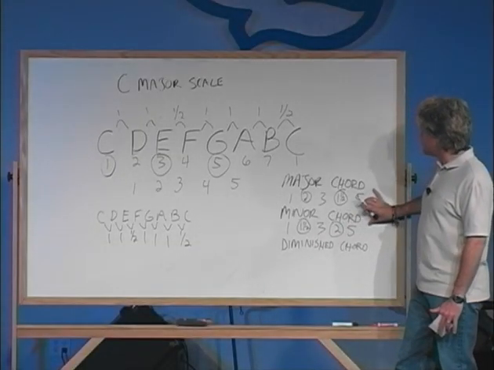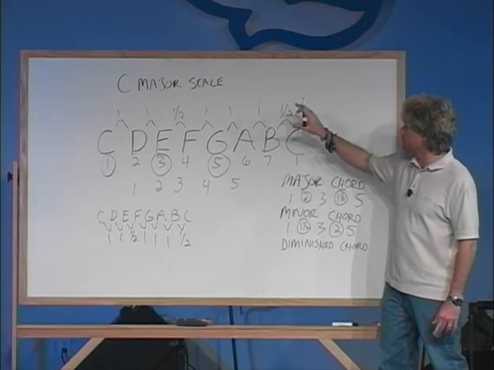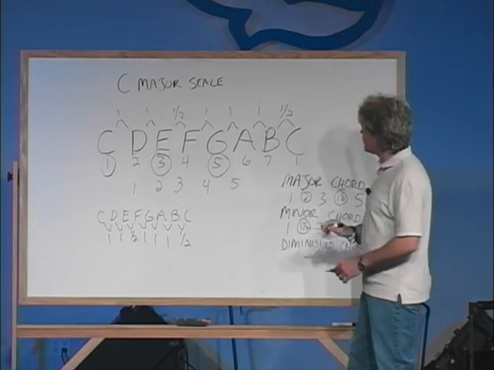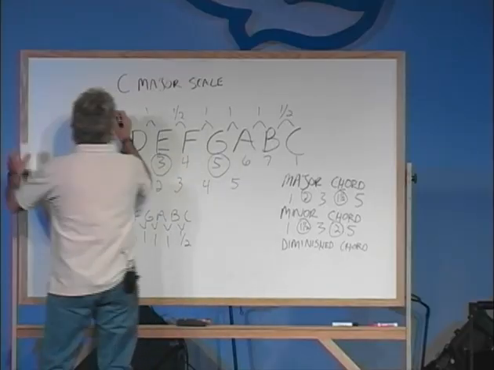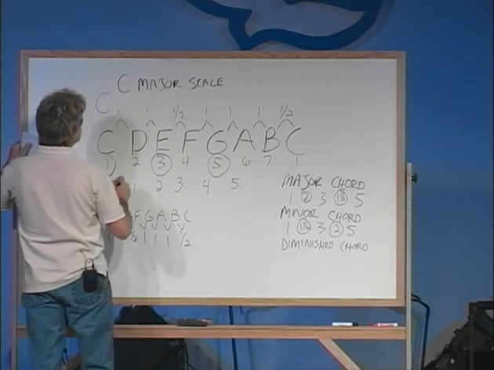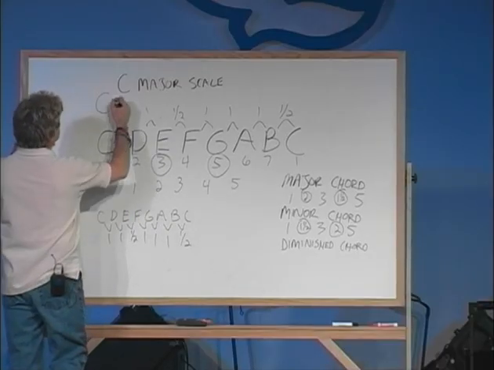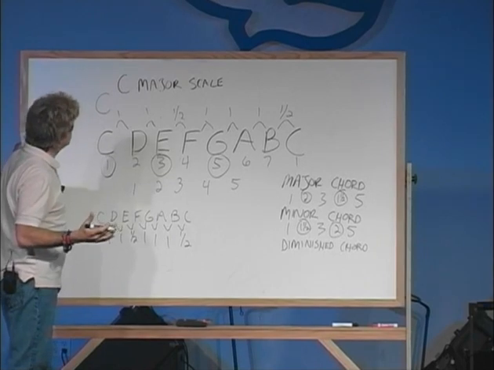So what we can do is determine what chords go in the C major scale simply by going through and applying this same principle. So now what we've already figured out is that we have C major, and if a chord is not labeled, it's assumed that it's major. Sometimes you'll see a large M, but usually it's just not written on most chord charts.